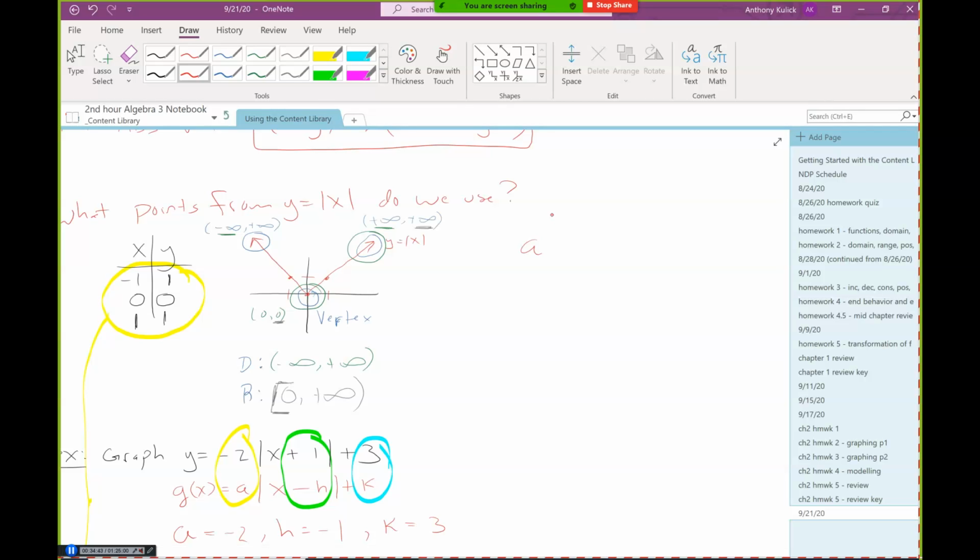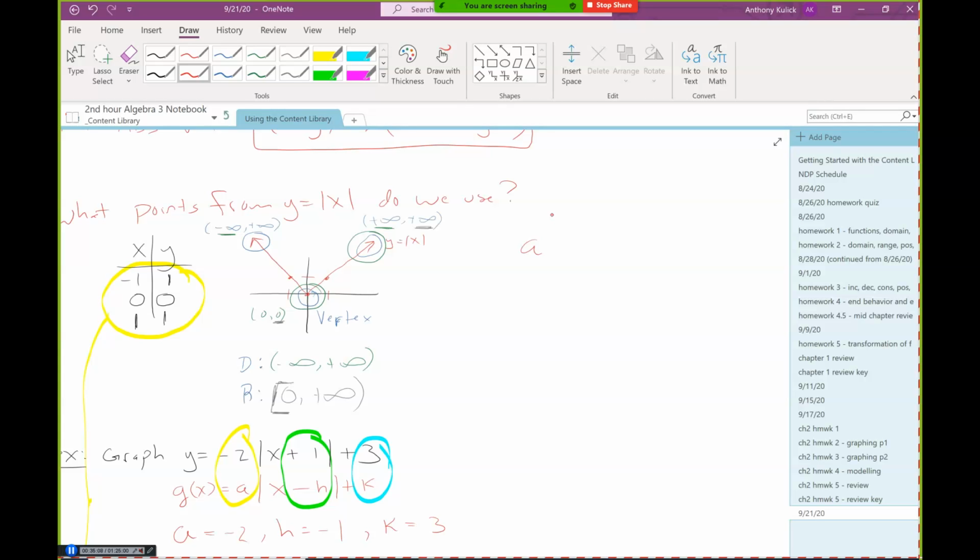What does the h do? Moves the graph left and right, correct? Is that going to change arrows at both ends? No. What does the k do? Moves it up and down? Is that going to affect arrows at both ends?